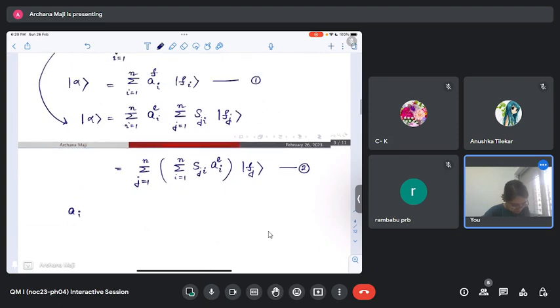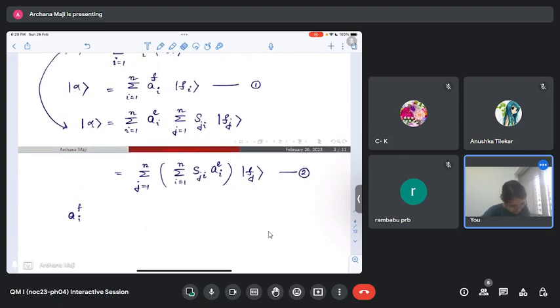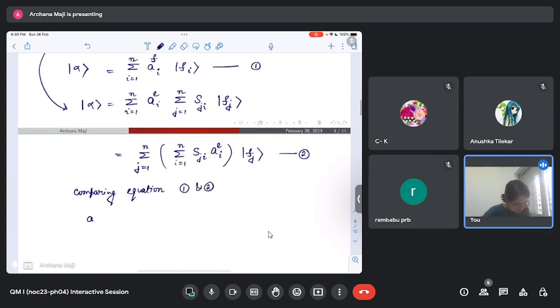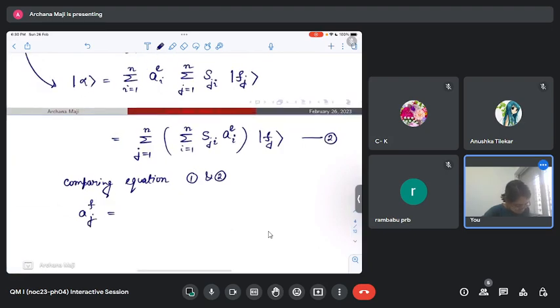So comparing equation 1 and 2, we can see that summation i equal to 1 to n.